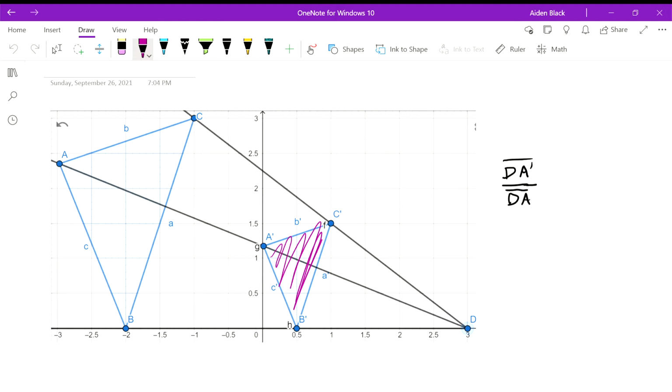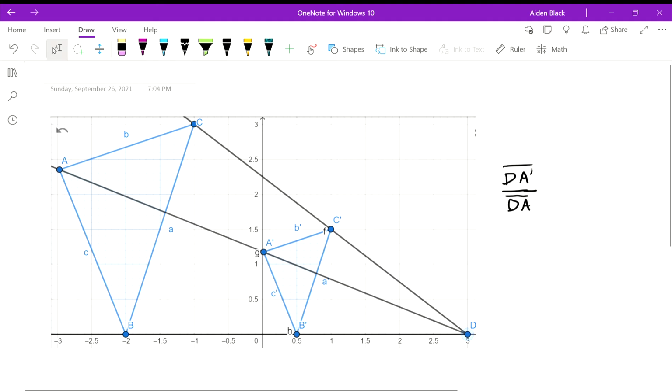So with that in mind, we're going from a big triangle to a small triangle. So our ratio needs to be less than 1. Our scale factor needs to be less than 1. If we're greater than 1, then we'd be getting a bigger shape. So let me just label these.